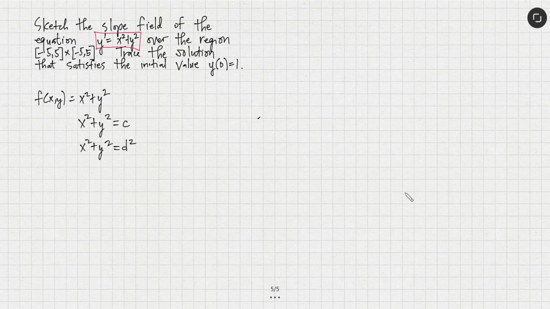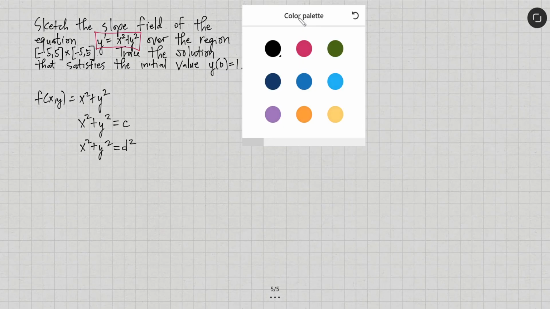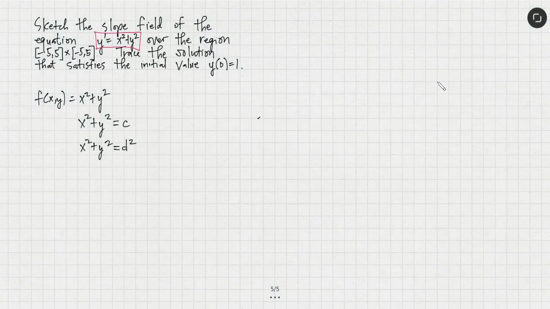Okay, gamit tayo ng ruler. Oops. You know what? I-manual na lang natin.